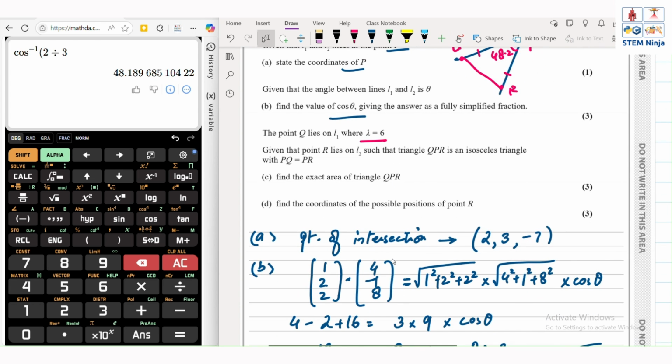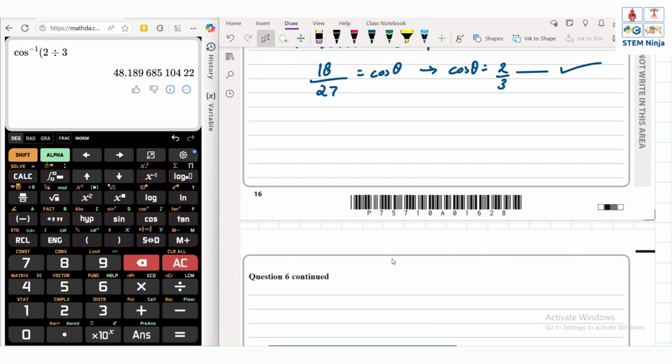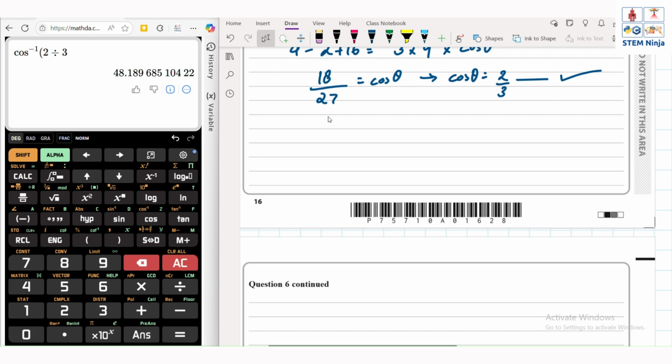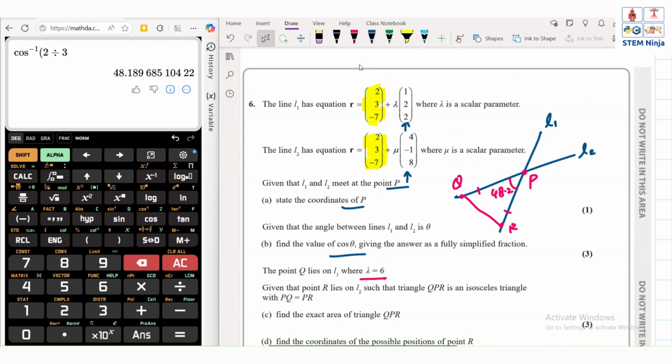Where lambda is equal to 6, we need to find PQ. We already know we're starting from P and adding some lambda vector that will get us to Q. So OP plus this will get us to OQ.